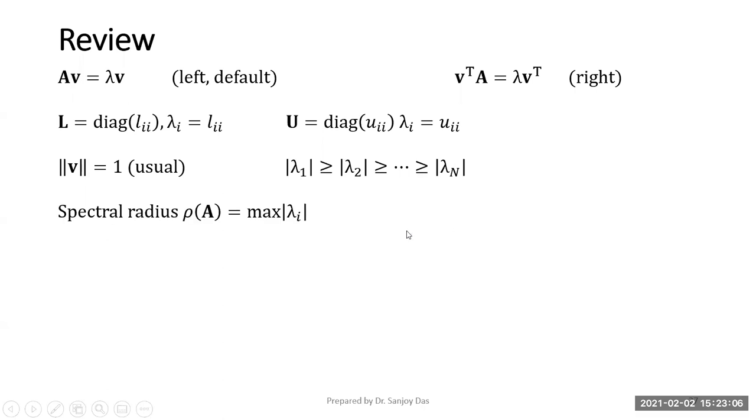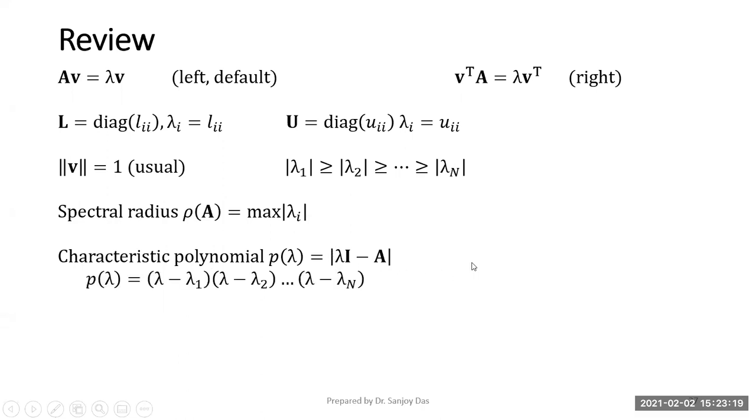The spectral radius is the maximum of the absolute values. The characteristic polynomial is the determinant of lambda I minus A, and we are using two forms here: this is unique indexing of the eigenvalues, and this is non-unique indexing of the eigenvalues.